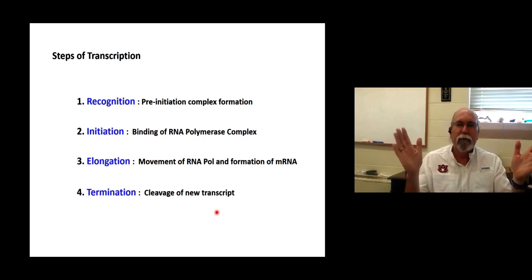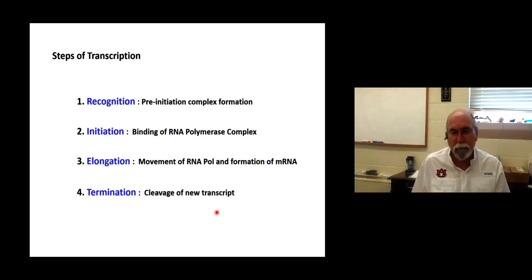And then we've got that message that we can start to manipulate. Okay, I'm going to go through each of these. This first little part of the lecture is really about recognition and the pre-recognition, and then we'll organize the second lecture into initiation, elongation, and termination. We'll make those parts all fit together in one lecture.